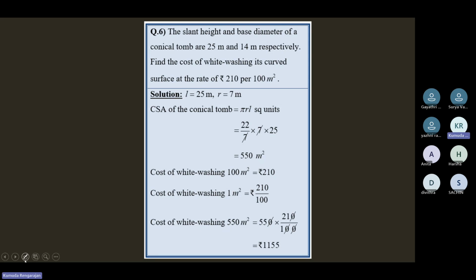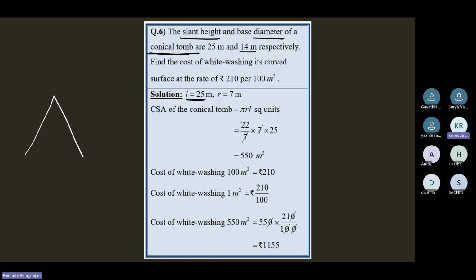So in this question, a tomb is conical. It's about a conical tomb. The slant height is given to you and the diameter is given to you.